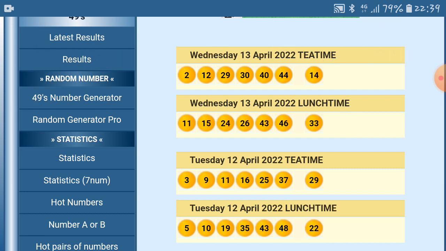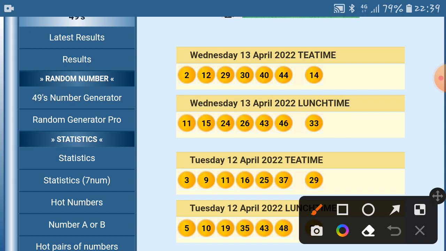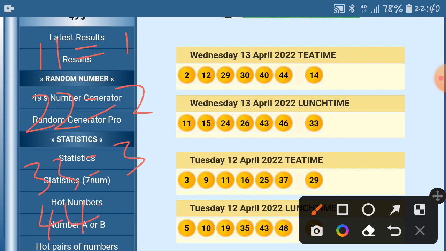Okay, then from the observation that I have noticed, I've realized that 11 equals 1, 22 equals 2, 33 equals 3, 44 equals 4.